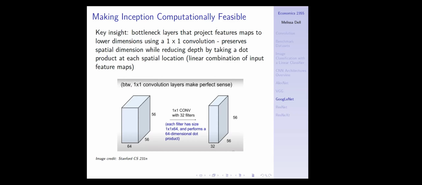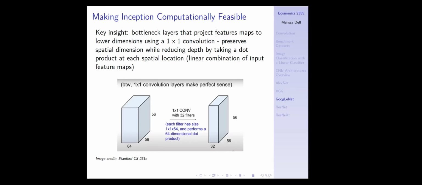And on the left, you have 56 by 56, which is your resolution. And then you have the 64 depth. Each of those you can think of as a feature map from applying 64 filters in the previous layer of the network. And then what you can do is collapse that down by estimating, say, 32 different filters.